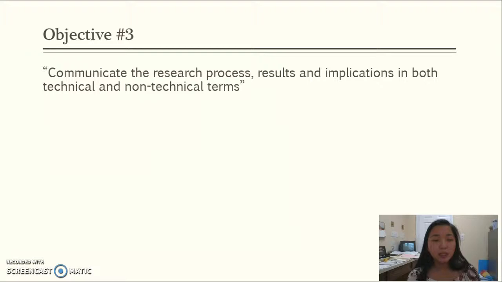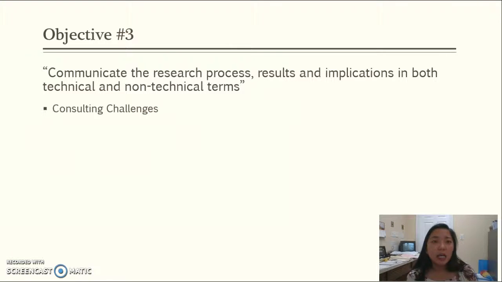The third objective was to communicate the research process, results, and implementations in both technical and non-technical terms. The consulting challenges were wonderful practice in turning the language into non-technical terms.